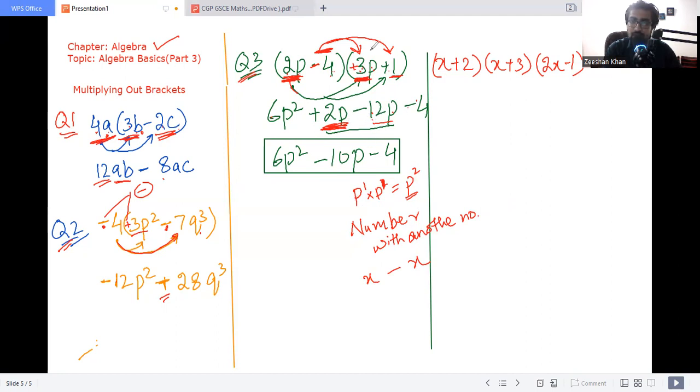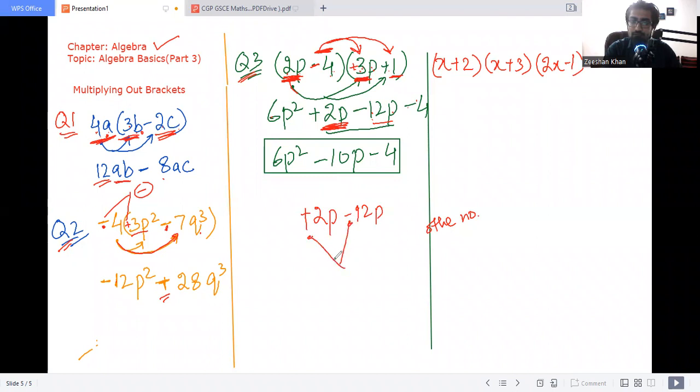Here we will apply the addition rule, which you have learned in the first lesson. That this is 2p minus 12p. So you can see this is negative, this is plus. So what does this negative mean? We have to subtract them. This negative means that you will subtract 2p and 12p.